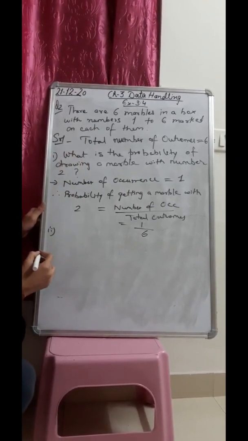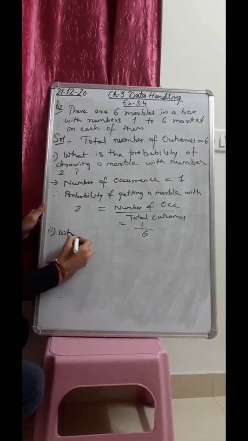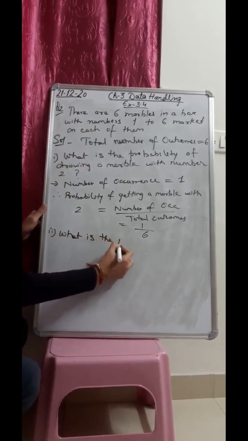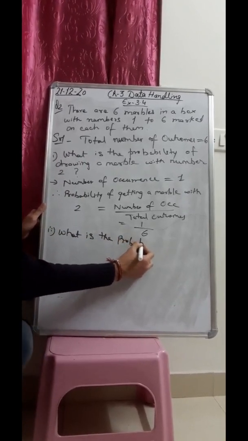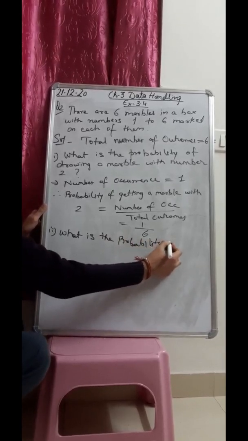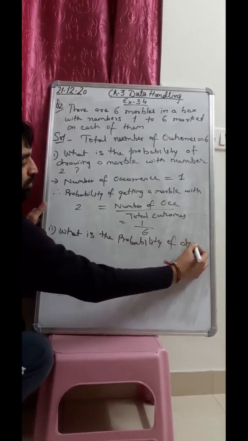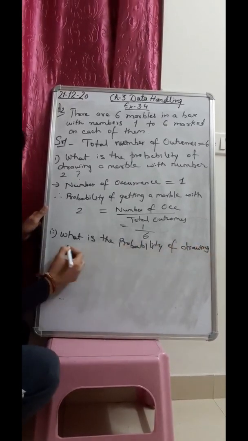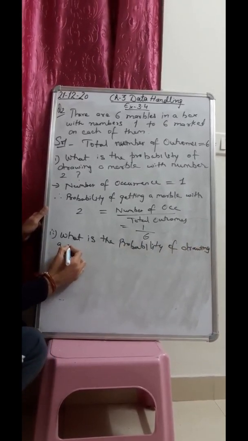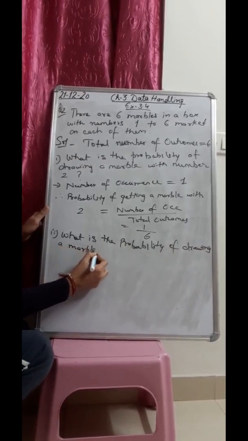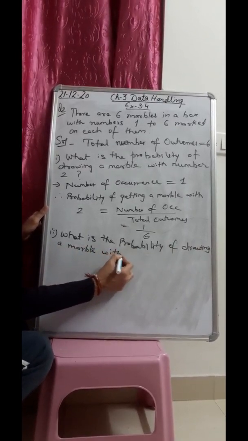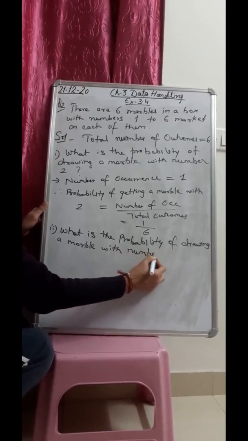The next part: what is the probability of drawing a marble with number 5?